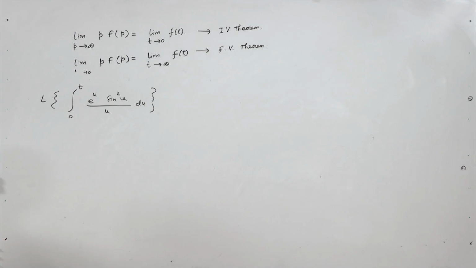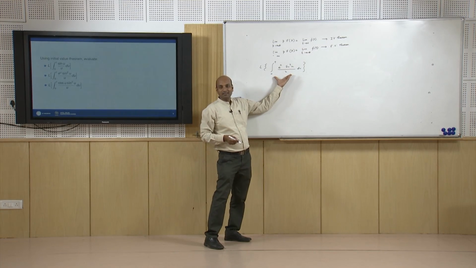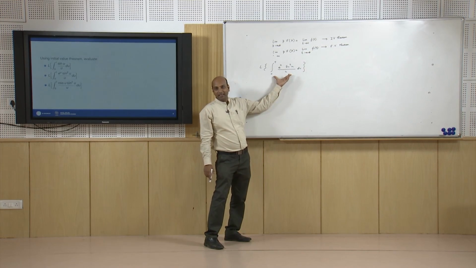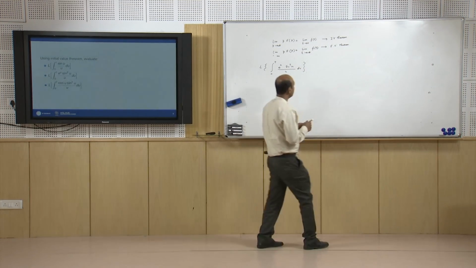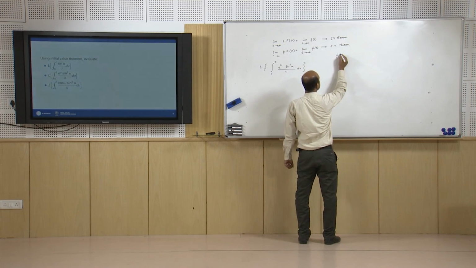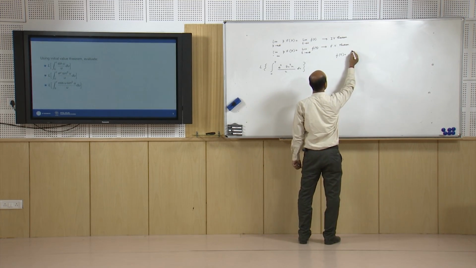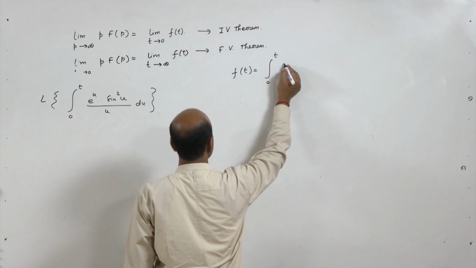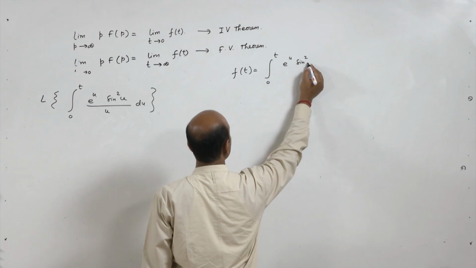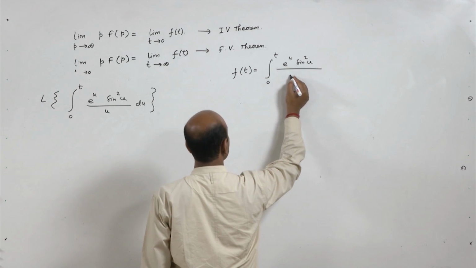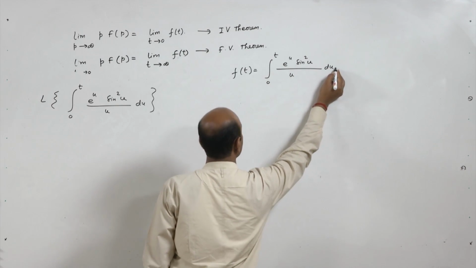So again you will take this function as, say, f(t) and try to find its Laplace transform using the initial value theorem on the same lines as we did earlier. So take this as f(t). What is f(t)? f(t) is the integral from 0 to t of e to the power u sin square u upon u du.